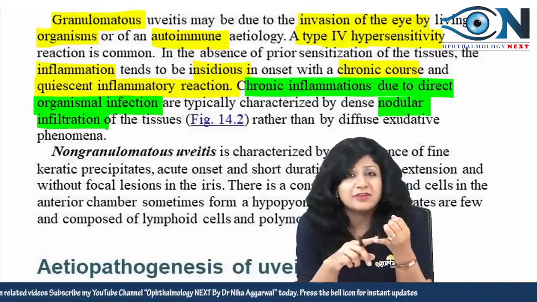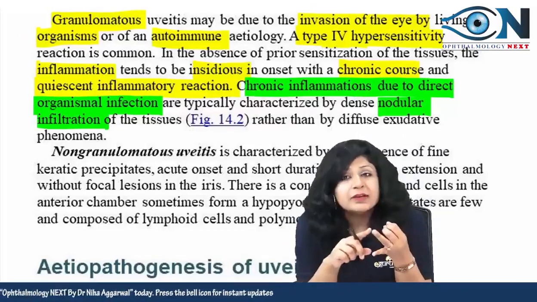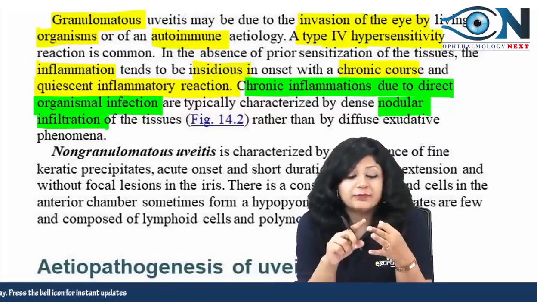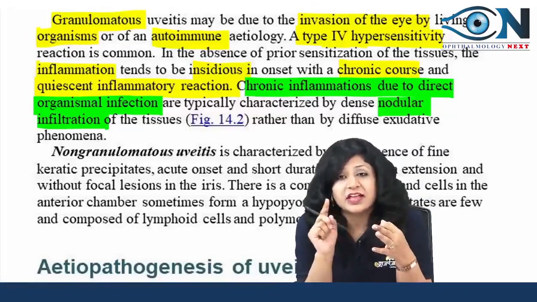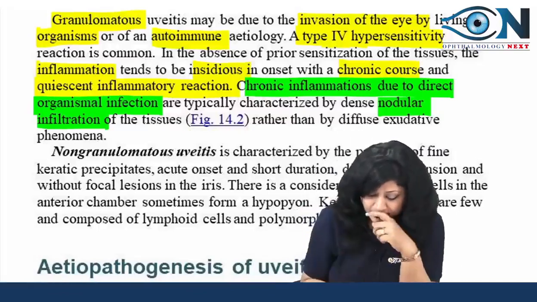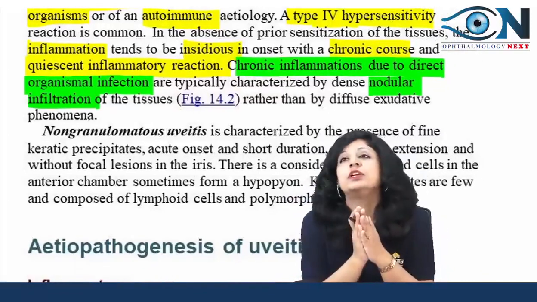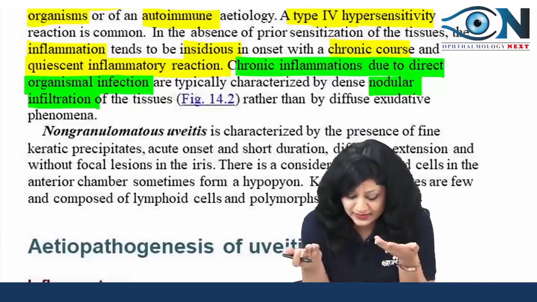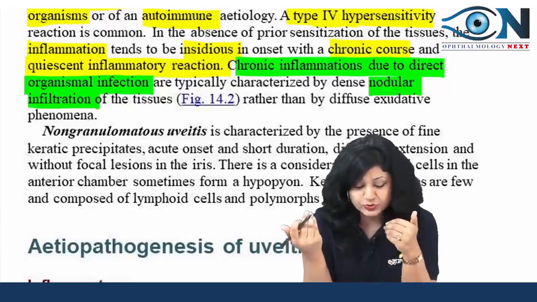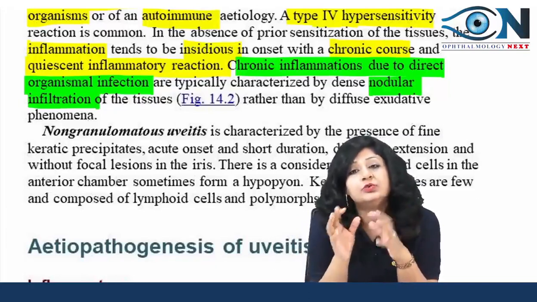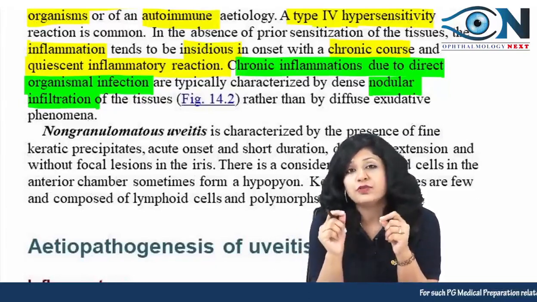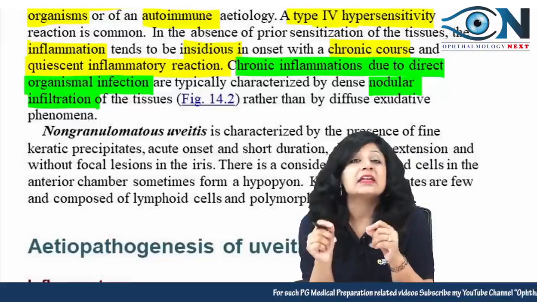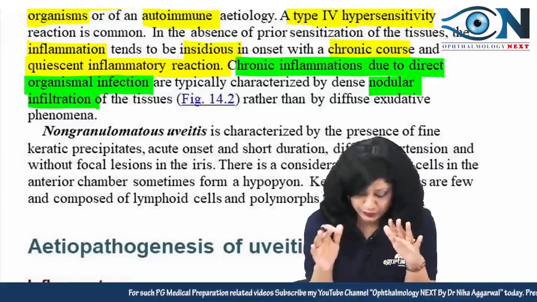Either I have a live invasion by the organism, or I have some autoimmune etiology, or if I am thinking about hypersensitivity reaction, then that will be type 4. In the absence of prior sensitization, you can have a chronic inflammation, insidious in onset, due to dense nodular infiltration. So what kind of infiltration you are expecting is the dense nodular, not the diffuse one.